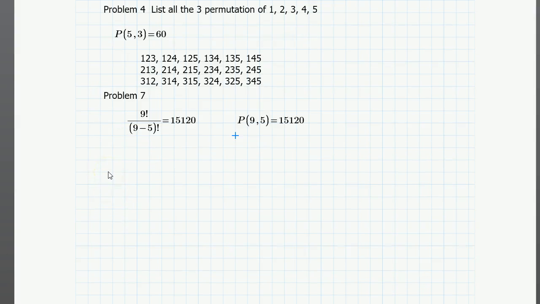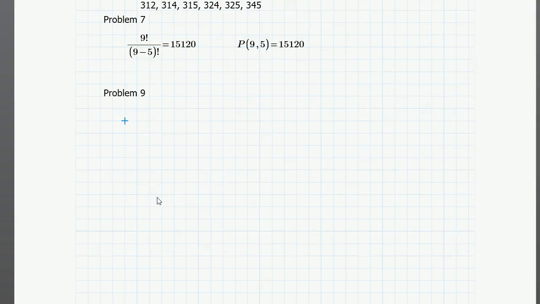Now let's do number 9. It's very similar to number 8. Problem 9. You guys should all be thankful that I'm typing this in MathCAD instead of doing this by hand with my mouse or something. How many possibilities are there for win, place, and show in a 12-horse race? So there are 12 horses.